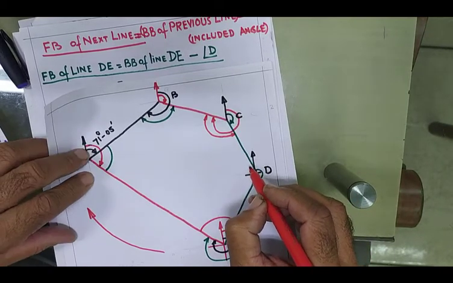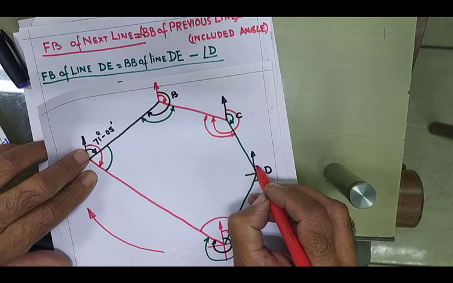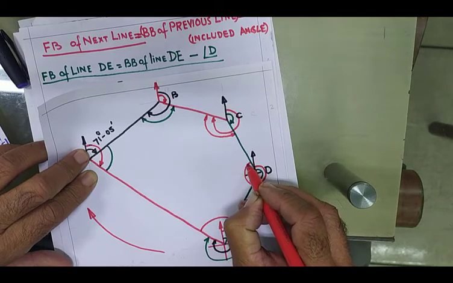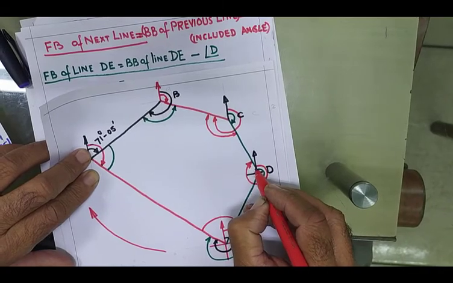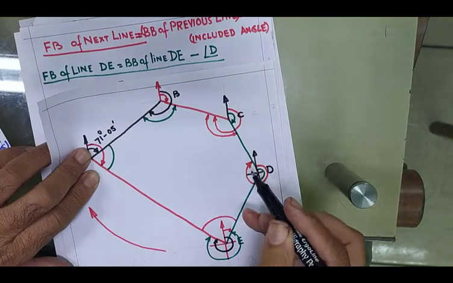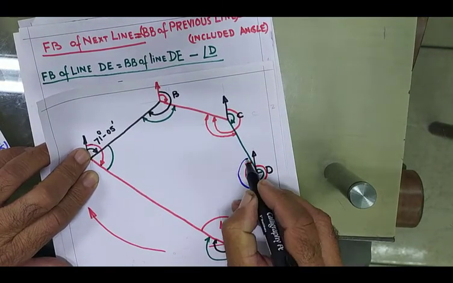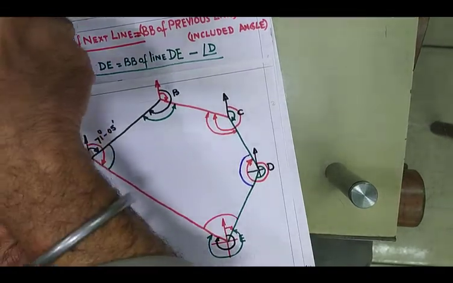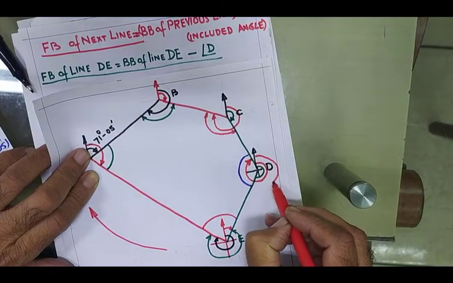This is the back bearing of line CD. From this I deduct this angle D. From this total angle I deducted this angle. What will remain? The remaining will be this one. This is the forward bearing of my line.